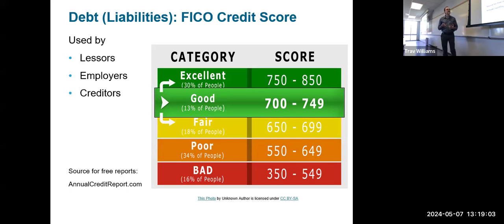But even if you never plan to borrow money, if you're going to rent an apartment or apply to work at a bank, they're going to want to see your credit score. And if you don't have one, you might not be able to rent that apartment or get that job. So how do you do that? You might have to open up some sort of account, like a credit card account, to establish your credit.